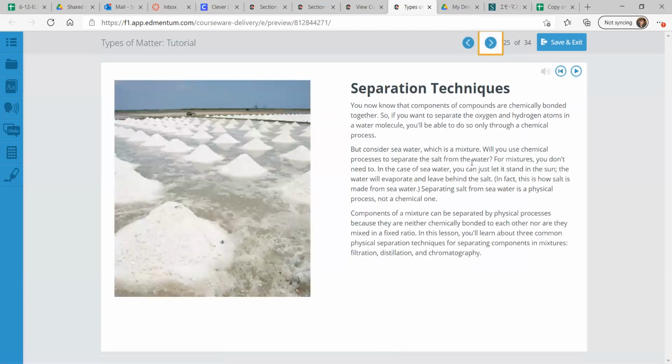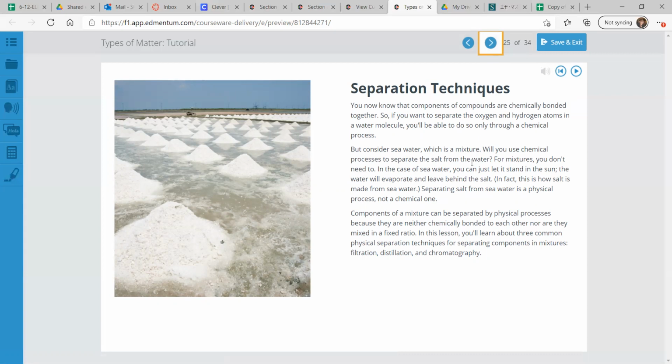Then we go into separation techniques. Compounds are chemically bonded together. So if you want to separate compounds, you need to chemically separate them. Mixtures are physically mixed together. So you need a physical process to separate out mixtures and the elements within them.